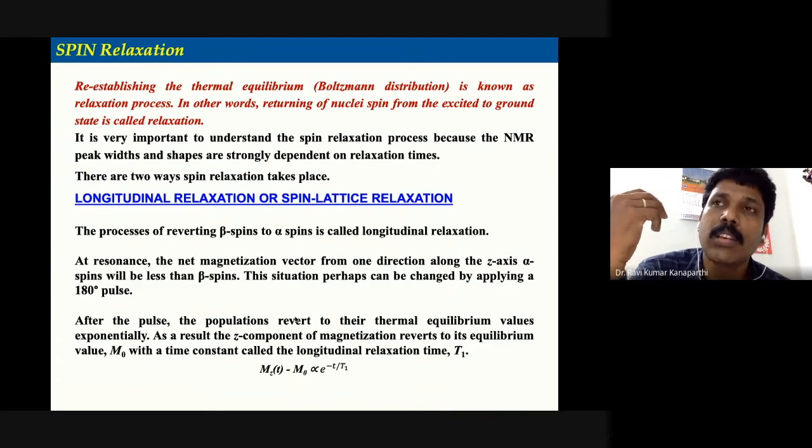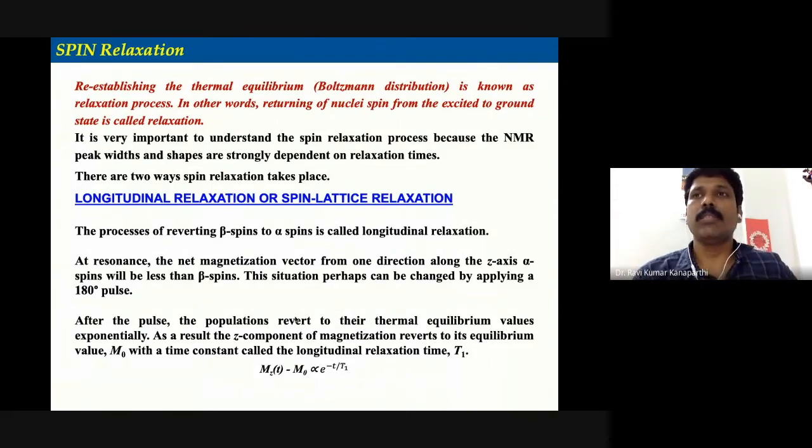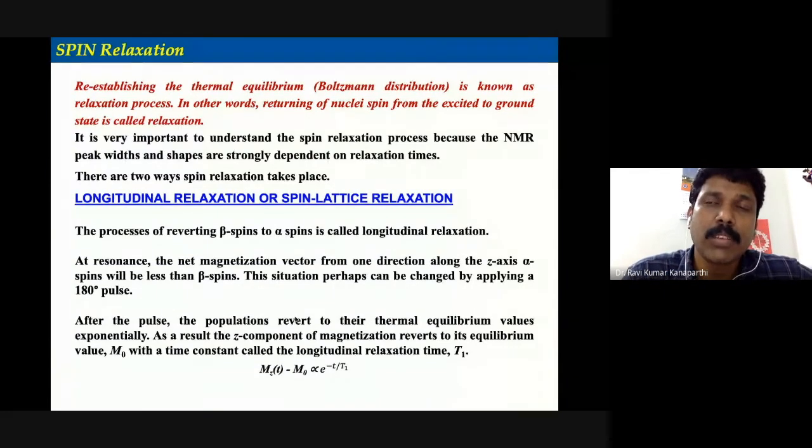That means you have more population in the beta state. This situation is not a thermal equilibrium. The thermal equilibrium was more alpha spins and fewer beta spins. Therefore, the process through which these spins come back to their original position is referred to as a relaxation process.